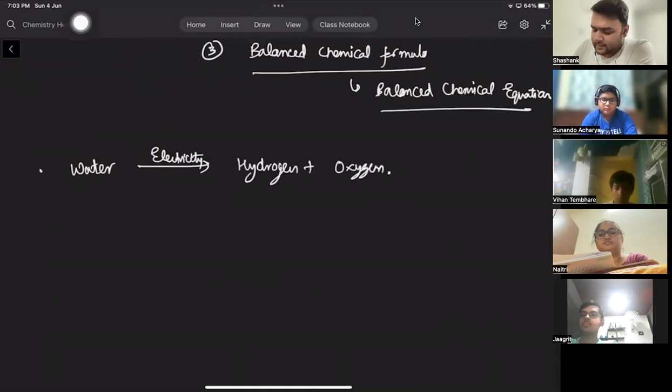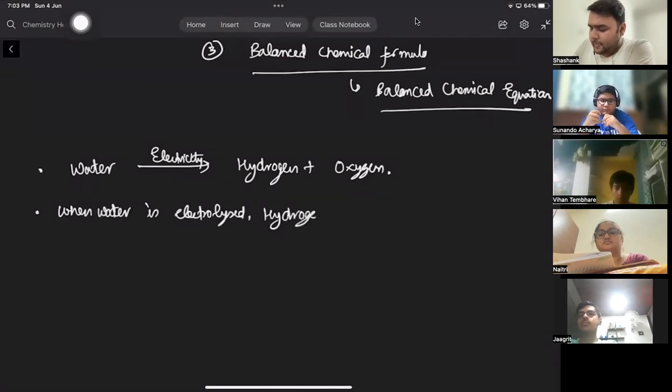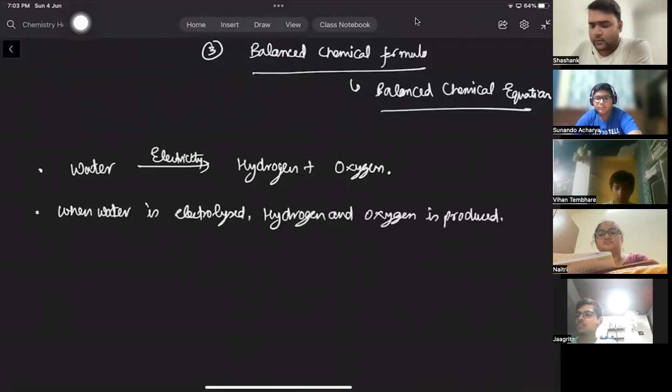One way to write this is that when water is electrolyzed, hydrogen and oxygen are produced. Both the two statements can be said, because this is a word equation. This is a more appropriate word equation because you are properly making a sentence, right? So this was the first part.